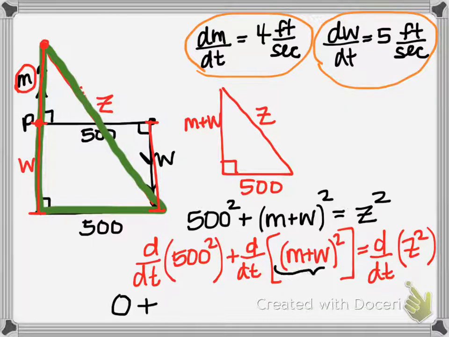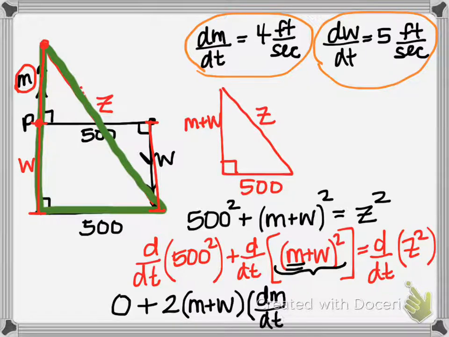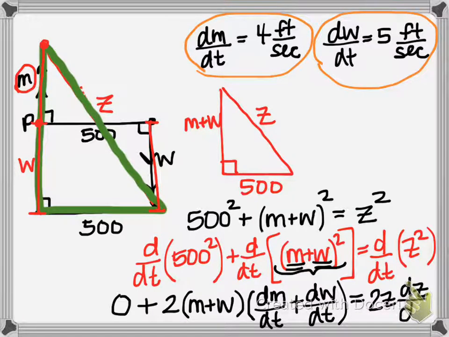However, (m plus w) squared is a composite function, so we'll need to use the chain rule. So the derivative there would be 2 times the quantity (m plus w), and then the chain rule requires us to chain on the derivative of m with respect to time, which would be dm/dt, plus the derivative of w with respect to time, which would be dw/dt. And the derivative of z squared would be 2z dz/dt.